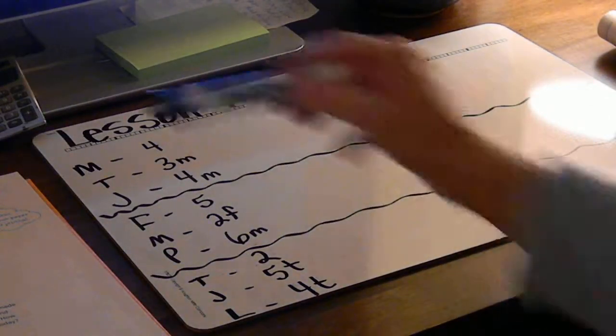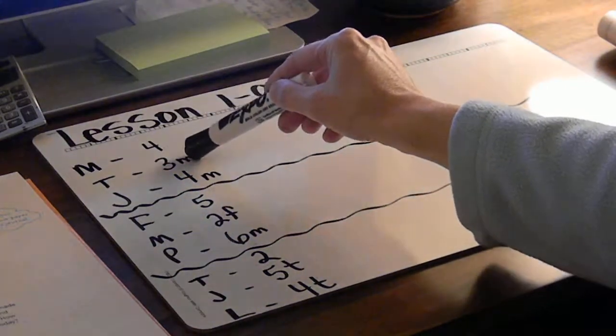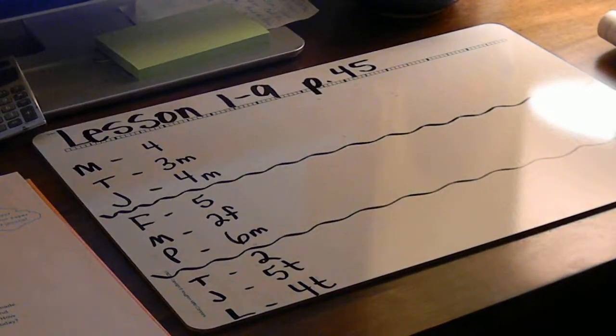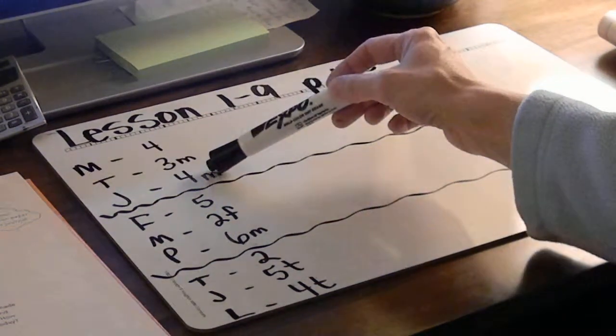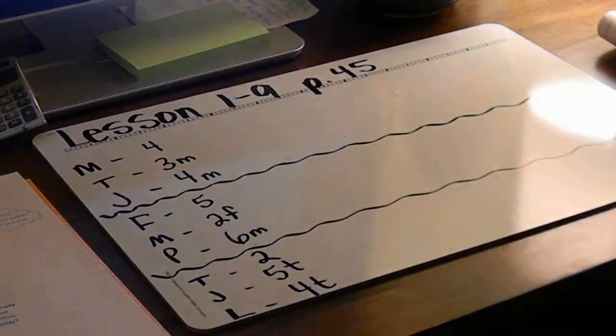We know that Tonio stayed 3 times as long as Molly. So whatever Molly spent, Tonio was there 3 times that as long. And finally, Jenny stayed there 4 times as long as Molly. So again, as long as Molly stayed there, 4 times that much is how long Jenny stayed there.